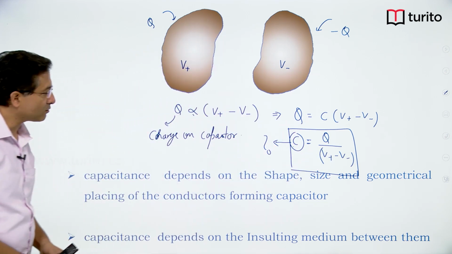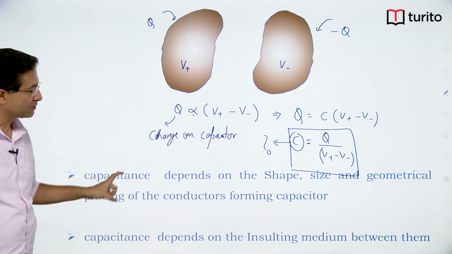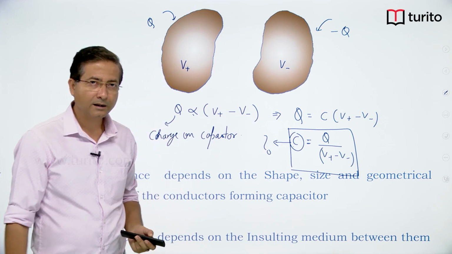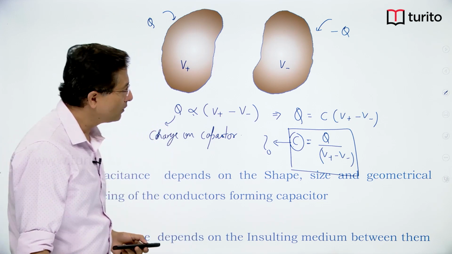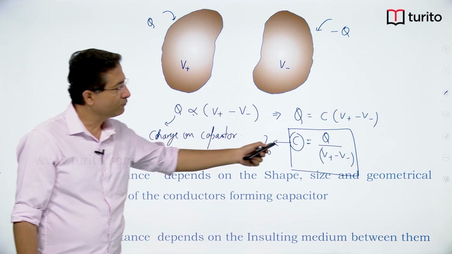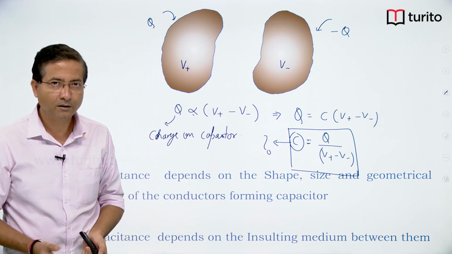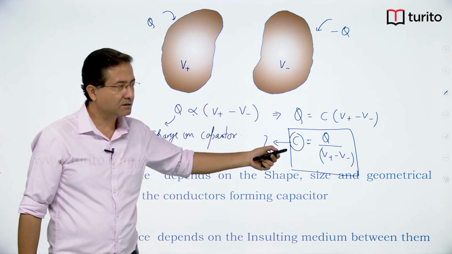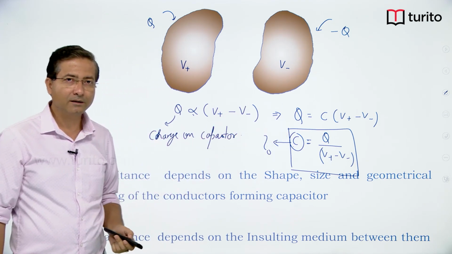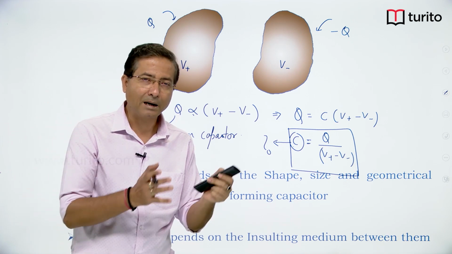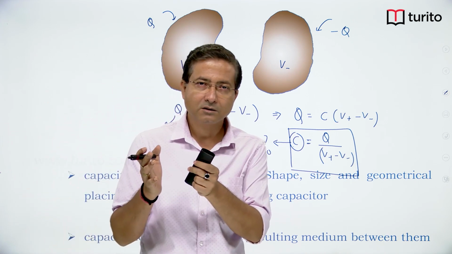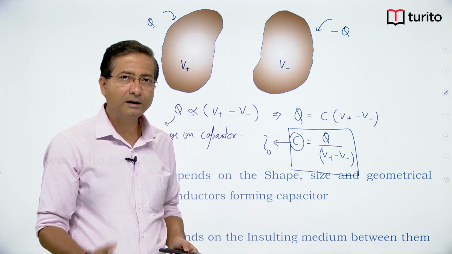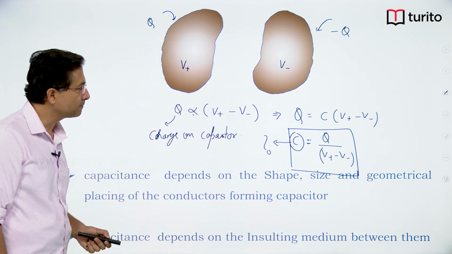So, capacitance depends on these factors, and also on the medium between these two conductors, right. Now let us take different systems and try to calculate the capacitance associated with the arrangement. There are the parallel plate capacitor, cylindrical capacitor and spherical capacitor; we will calculate the capacitance of these.